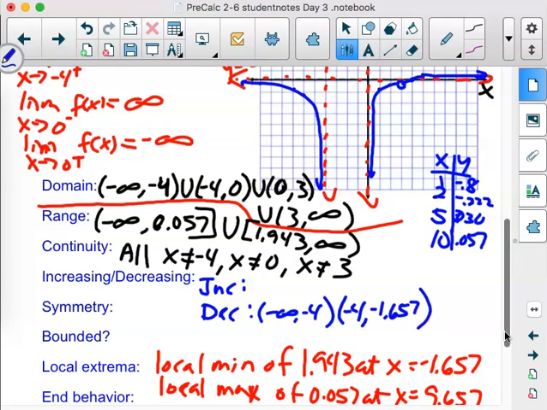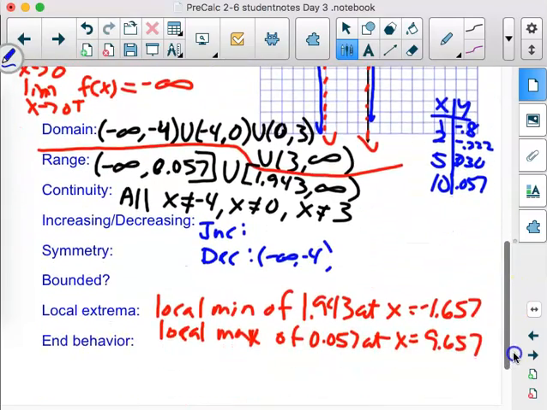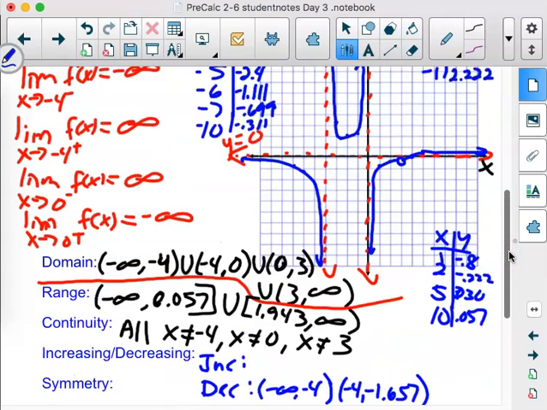So decreasing from, oops, and I put that under decreasing. Of course I did. Oh, that part was decreasing. I'm talking myself out of it here. Yeah, this part is decreasing from -4 to -1.657. All right, then it starts going up. So from -1.657 to 0, it's increasing.